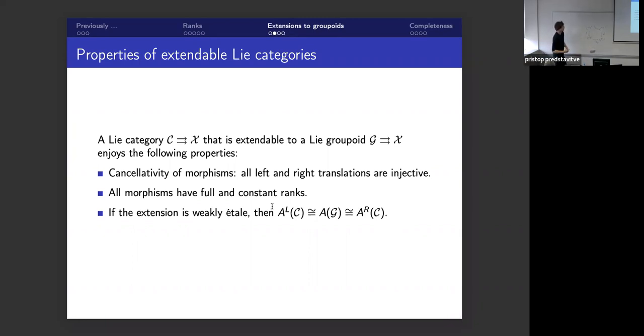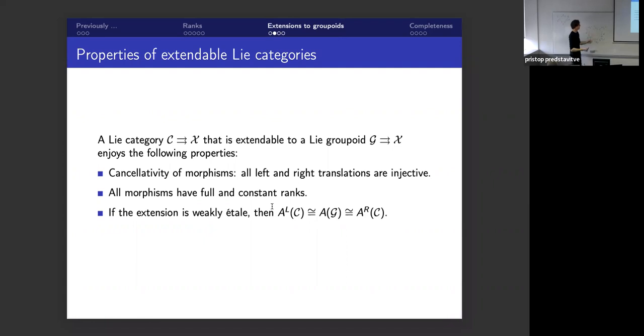So how do we prove this? Well, what we do is we consider the following diagram. So we have the target map of C and we have the target map of G. And because of functoriality, this diagram commutes, right?